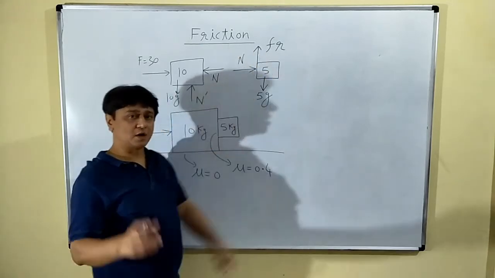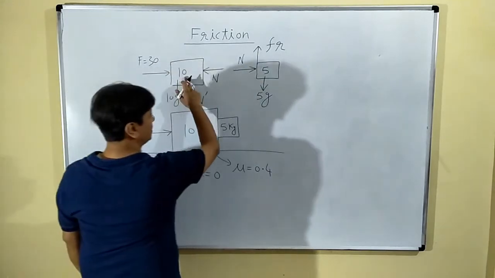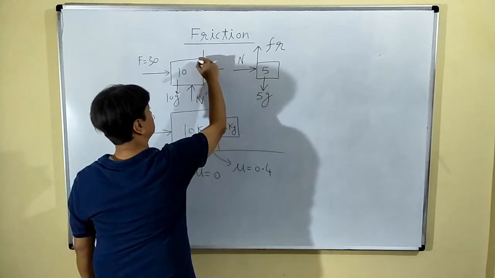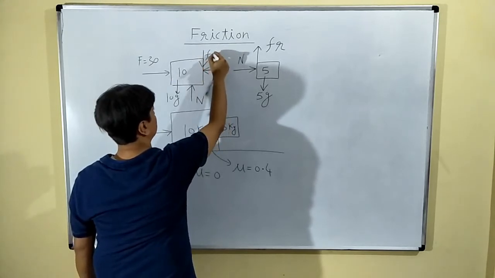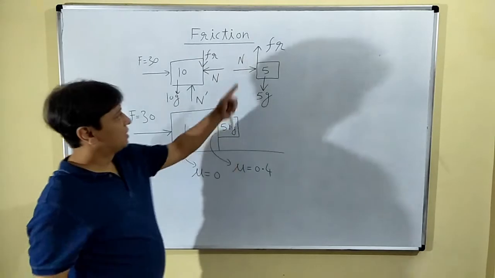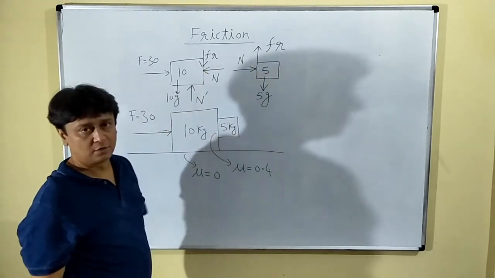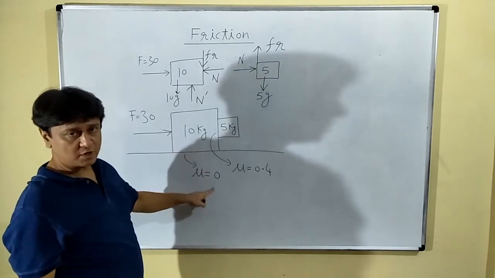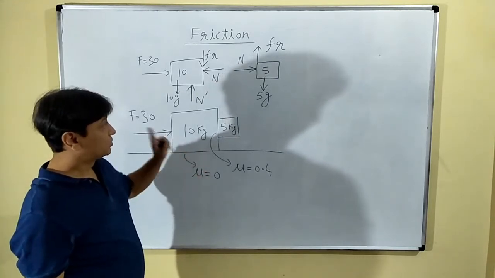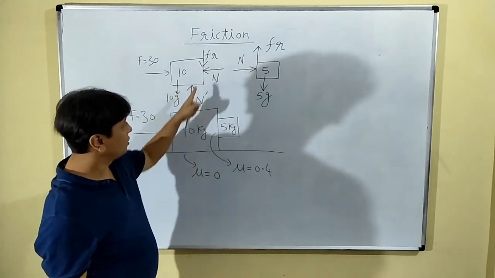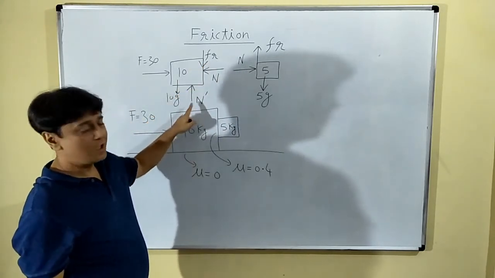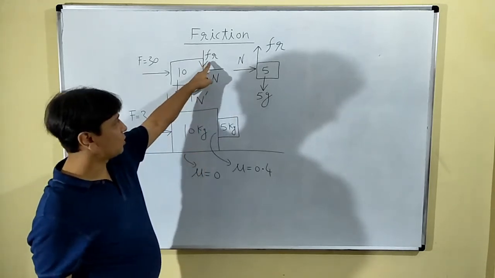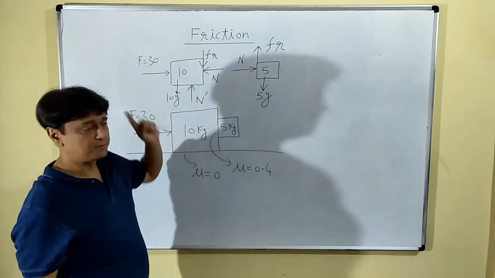If this is the action, where will the reaction act? On the 10 kg block. So on the 10 kg block you will see a downward friction force like this, FR. Action, reaction. If friction were present on the ground, we would need both of these. But we are given that there is no friction between the 10 kg block and the ground, so you don't have to worry about this, at least for the 10 kg block.